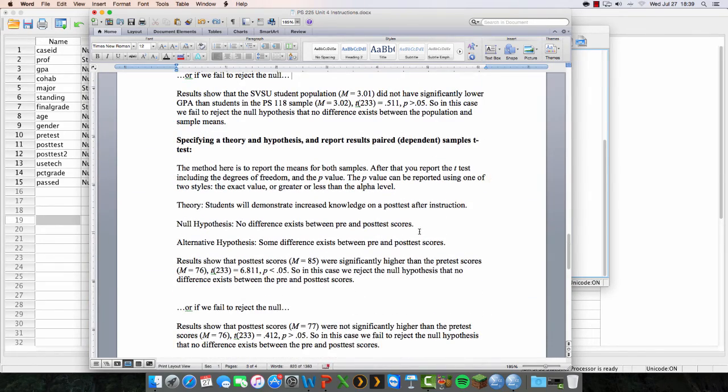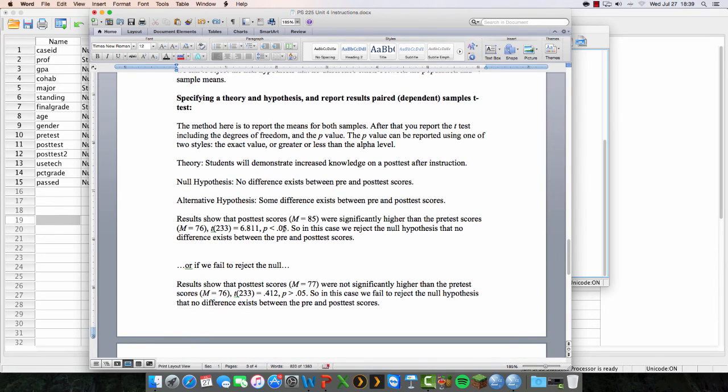Right there. See? So theory and hypothesis all laid out there for you. Results show that the post-test mean scores were significantly higher than the pre-test mean, right?